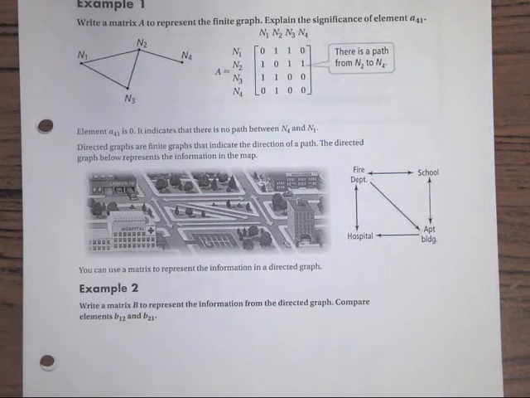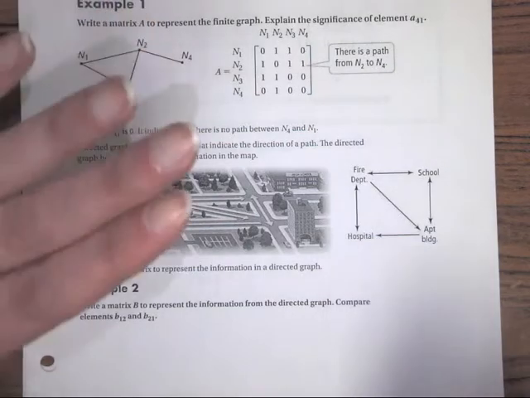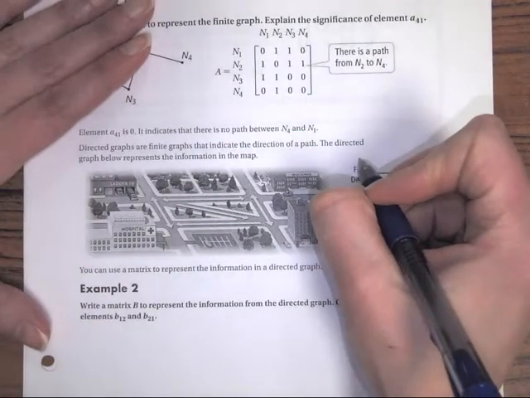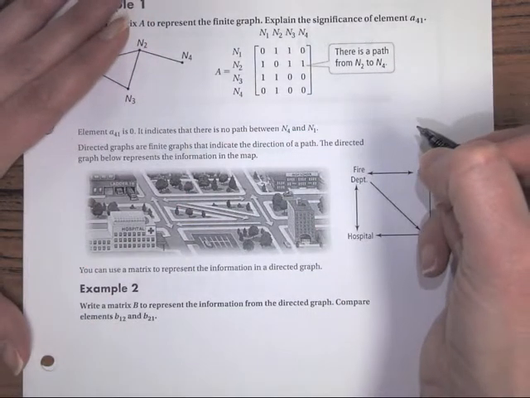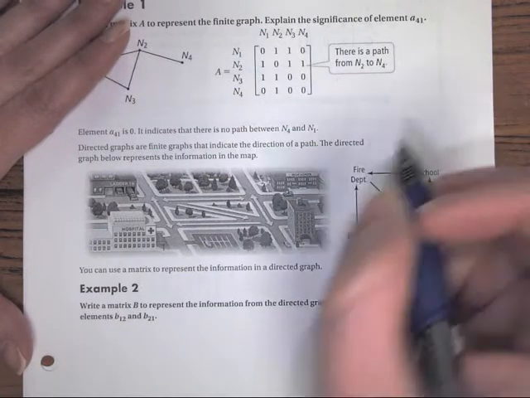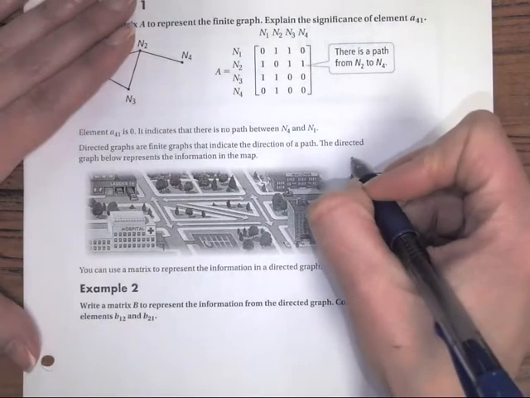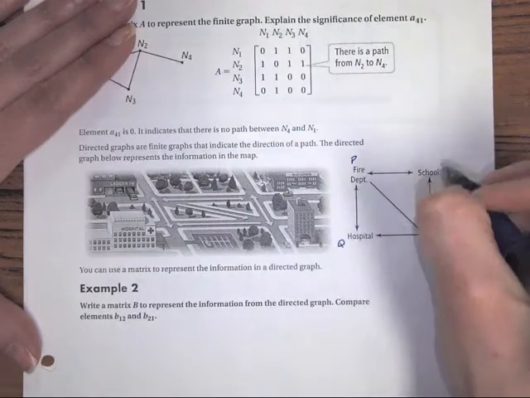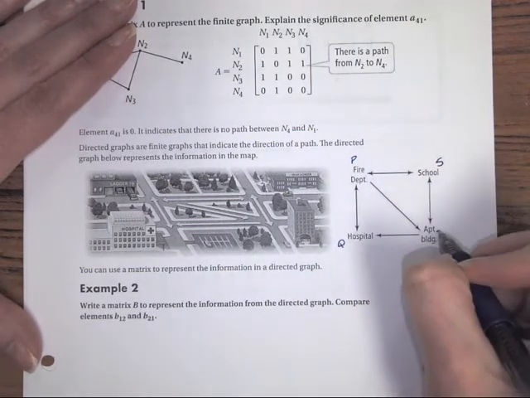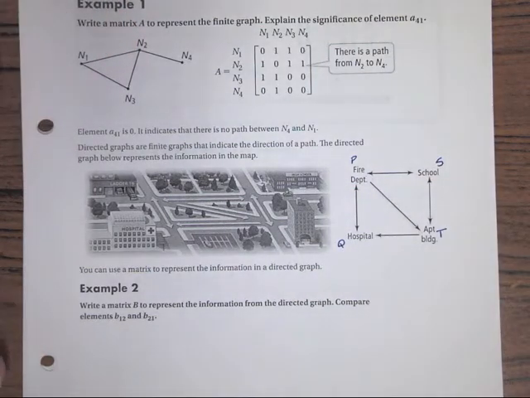If we want to make a matrix to show this, all we got to do is give ourselves some labels here. I'm going to call this P, call this Q, and I want to call this S and T. I'm just giving them variable names.